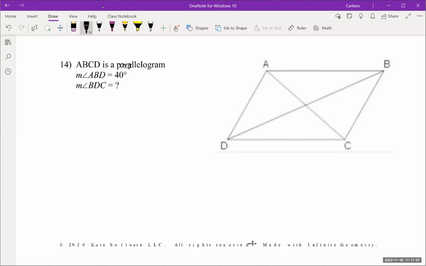Okay. So ABD is 40. What is BDC? Okay, if it's a parallelogram, I know that lines are parallel.